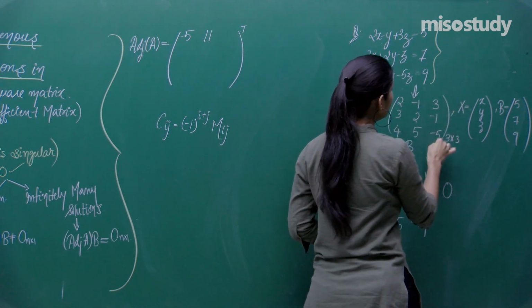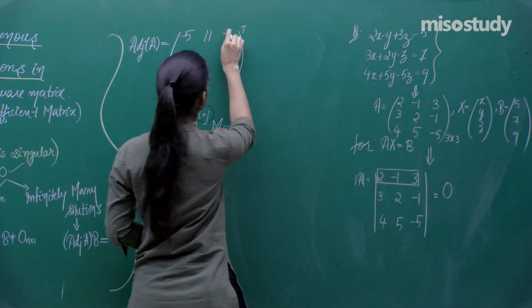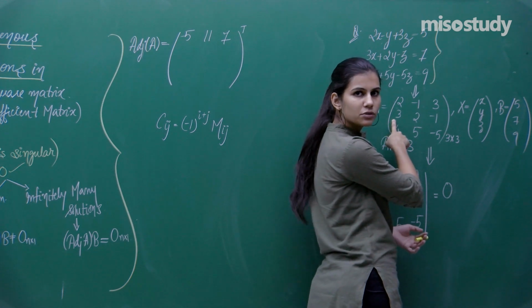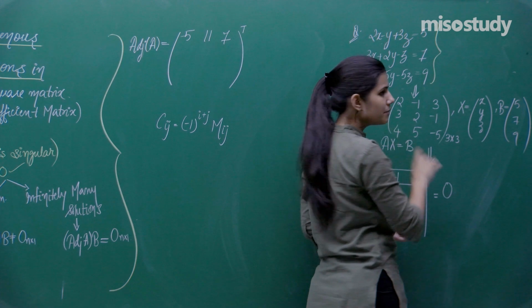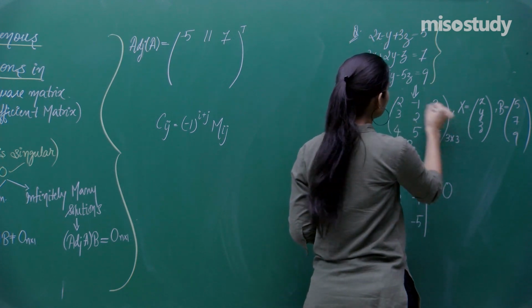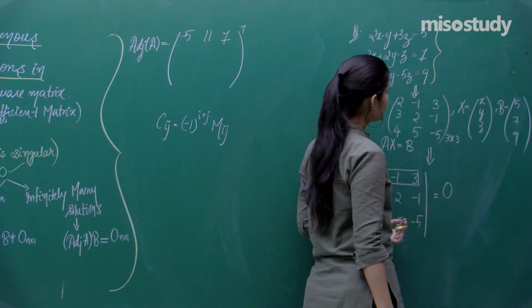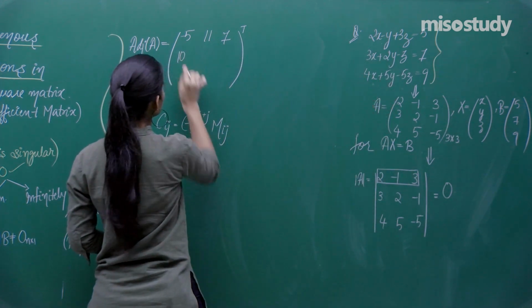Delete the first row, third column, you have 15 minus 8, which is 7. Then the 2/1th element, (-1) to the power 2 plus 1 is (-1) to the power 3, which is -1, so minus will be multiplied by its minor. Delete the second row and first column, you have 5 minus 15, which is -10, multiplied by -1, this gives you 10.